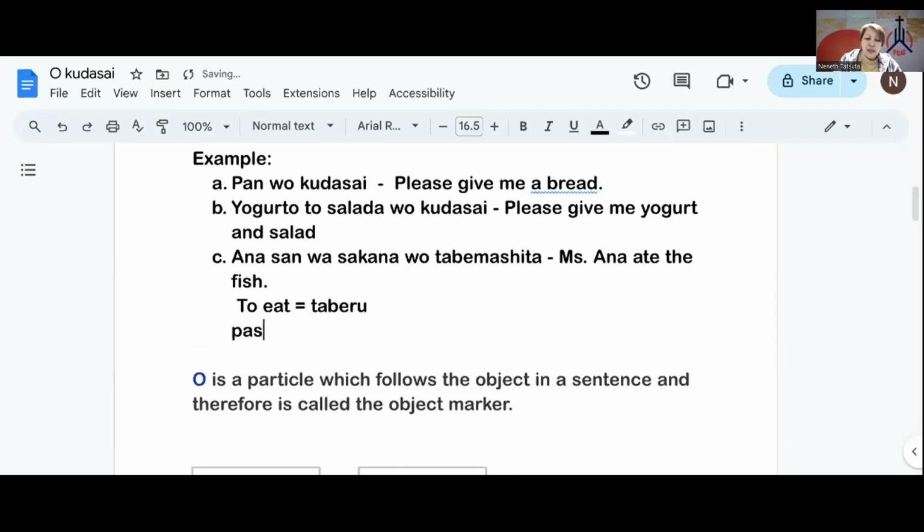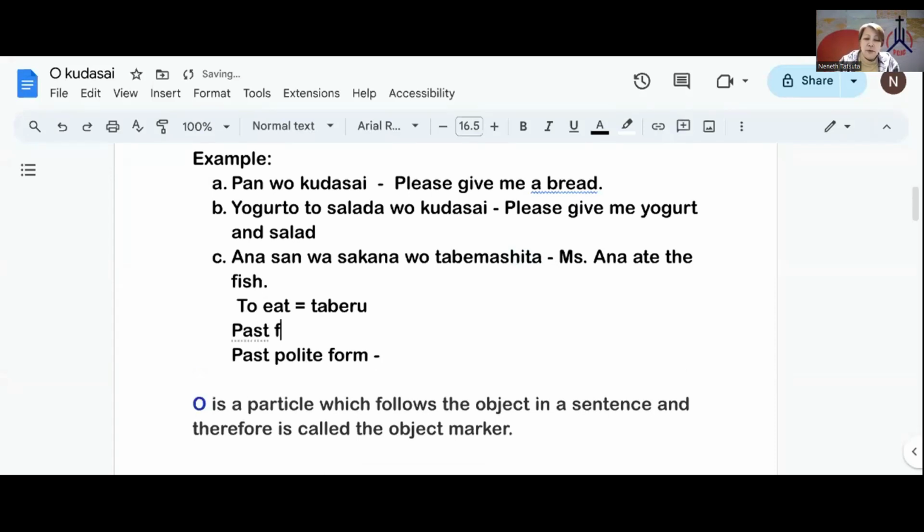To eat means taberu. And then your past, because this is tabemashita. Your past form is tabeta. Okay, tabeta, the past form. And then your past polite form is tabemashita. Very good.